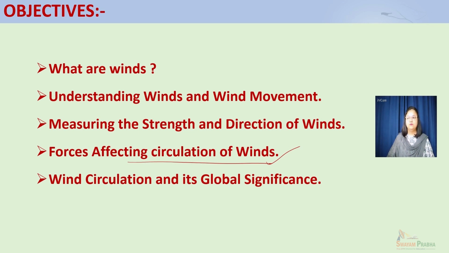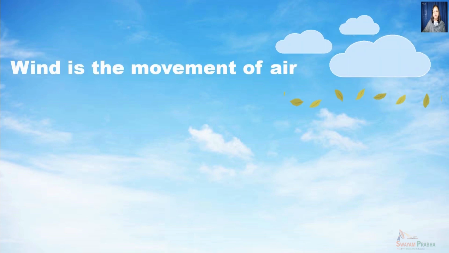Starting with the simple question, what is wind? Wind is the movement of air. More specifically, it is the horizontal movement of air. And this movement of air is one of the main driving forces governing weather and climatic conditions across latitudes.